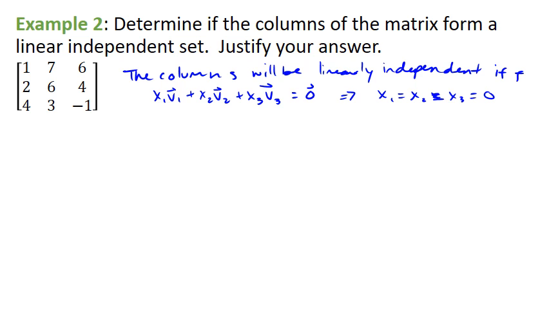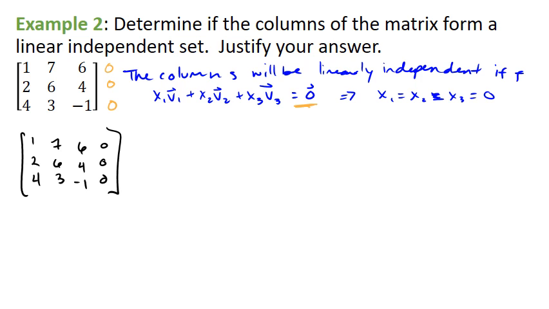Okay, so we just want to see what happens. Okay, great. So once again, I'm going to set up my augmented matrix. Because this is an equation, we'll want to put in that 0 column. And then we will row reduce this.